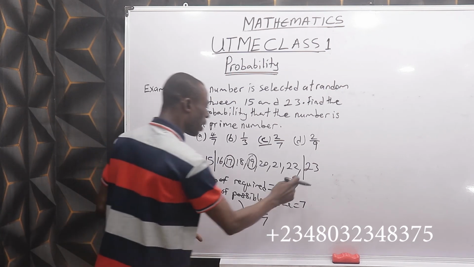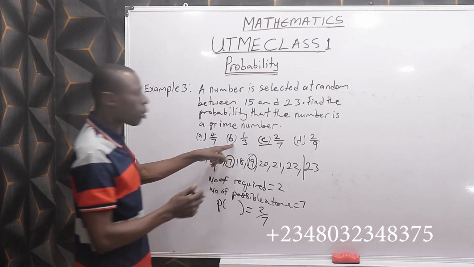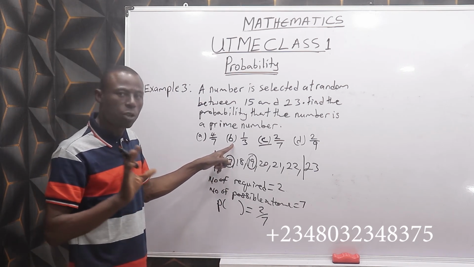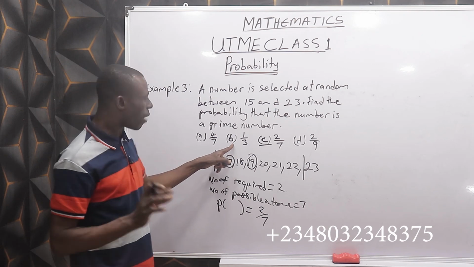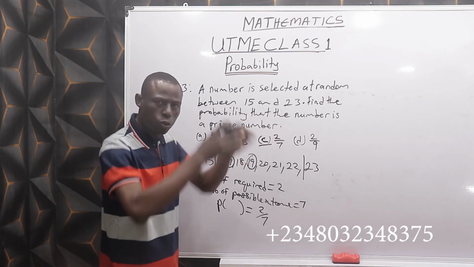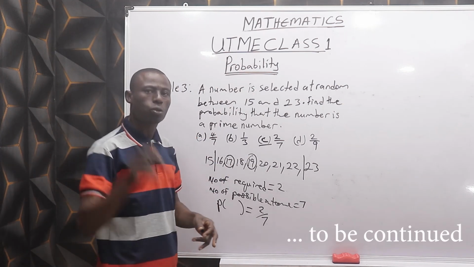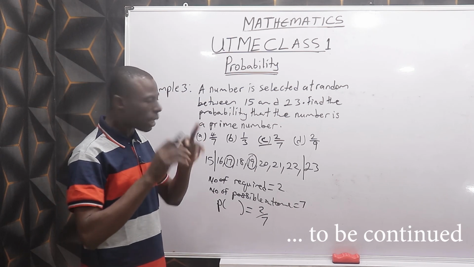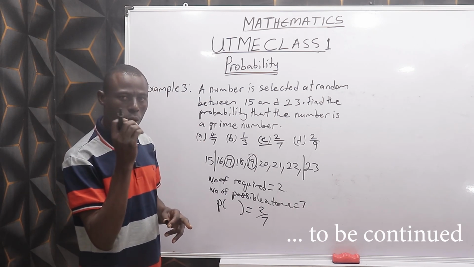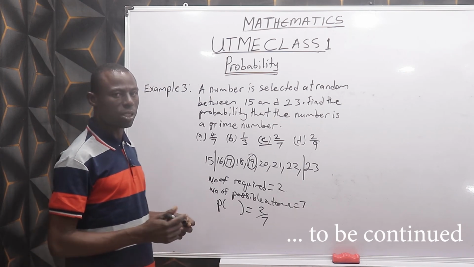So you will now have 3 over 9, and 3 over 9 is 1 over 3, which is option B. See how cheaply you would have been deceived. Therefore, take note of it. Once you see the word between, the two ends will not be included. And the question that we want you to include them will include a special word, inclusive. I will show you example of that from past question as well.